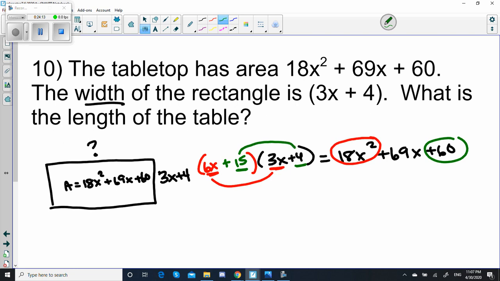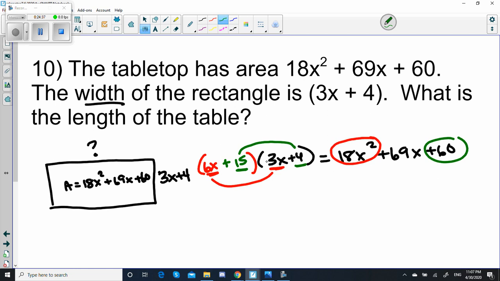I multiplied these two and got this one, the 15 and the 4, and I multiplied these two and got this one. If I wanted to check it, I could FOIL it. Or I could factor it. I kind of like this guess and check way better, just playing with it and trying to get it to fit. But we can make sure that it's true by foiling.